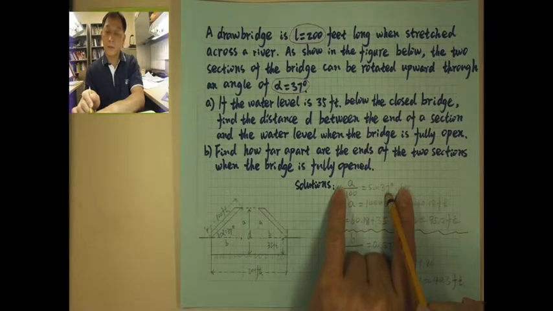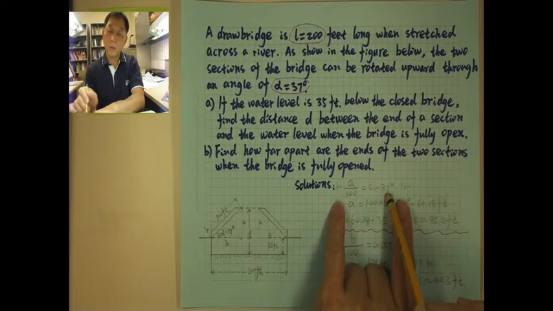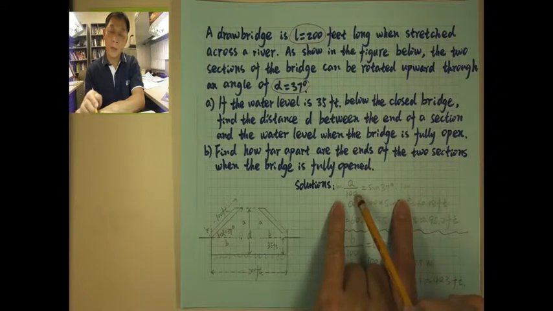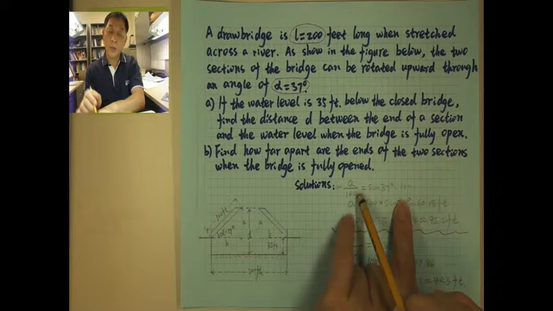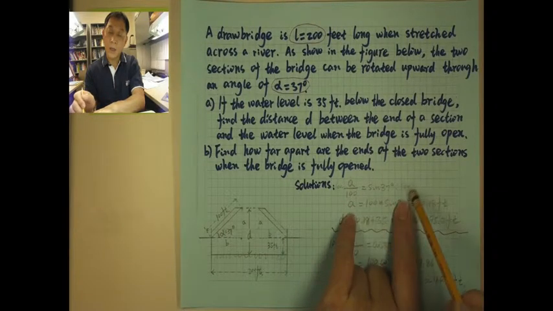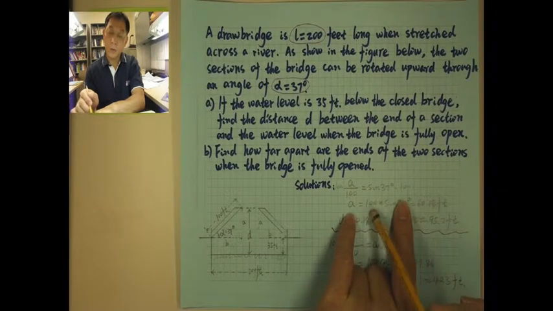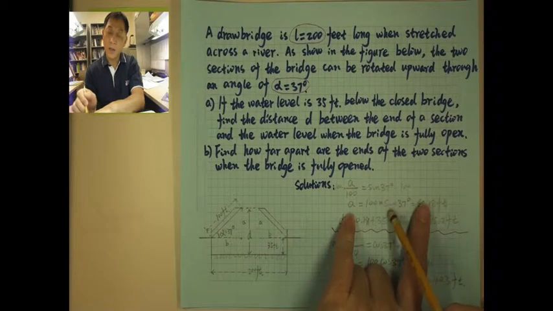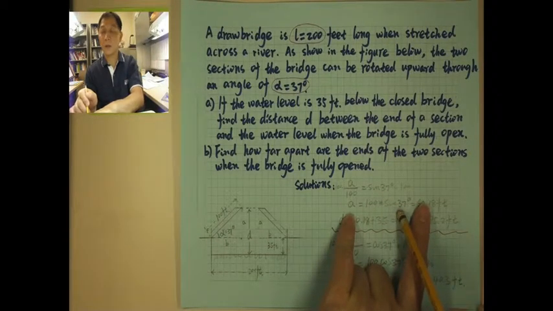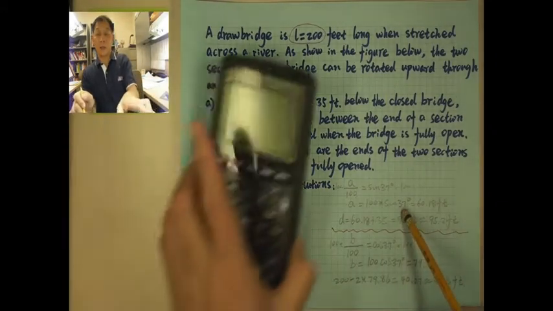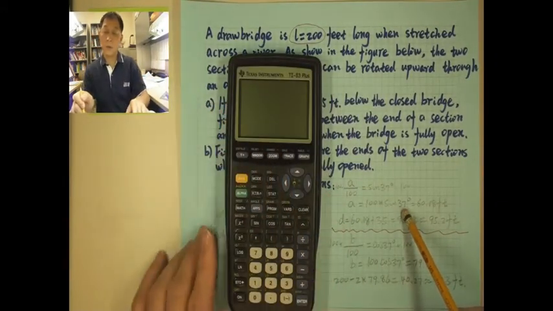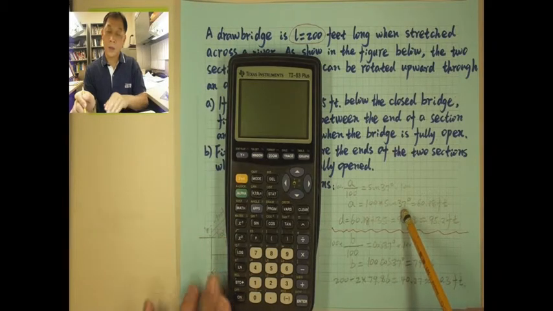Both sides multiplied by 100. You may eliminate this 100 in the denominator. So left hand side you have A left. Right hand side is 100 times sine 37 degrees. In this case 37 is not a special angle. You got to use a calculator to find the value for A.